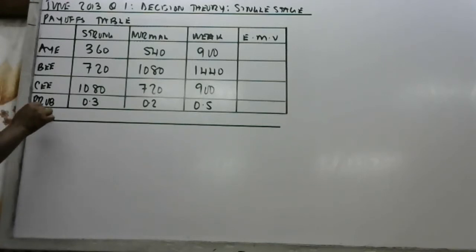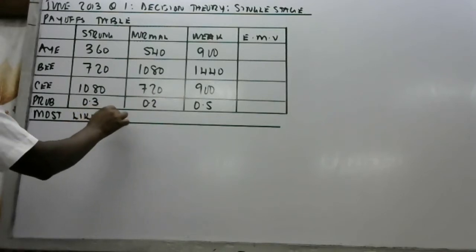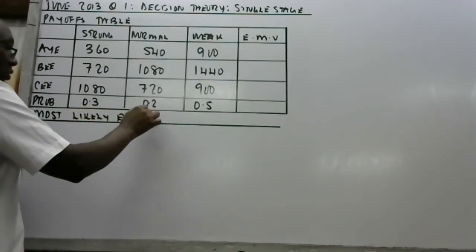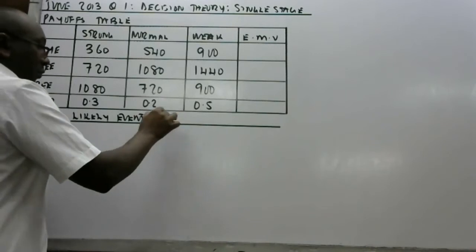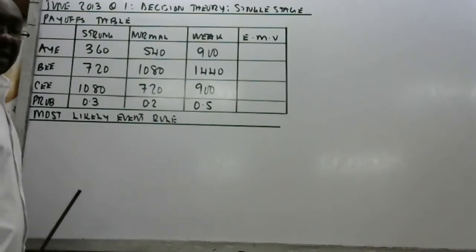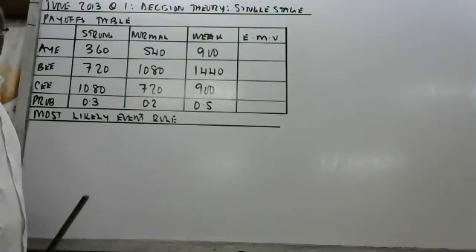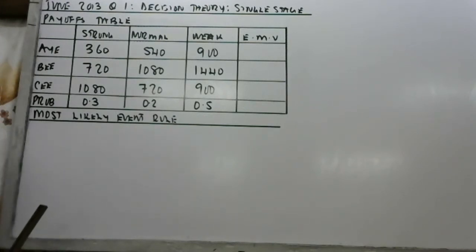the most likely event rule. If you are using the most likely event rule, you begin by checking whether the names are similar. Now, in this case, the names are not similar, so it is not applicable.